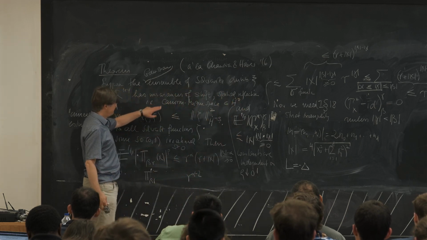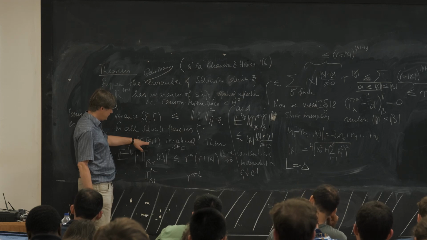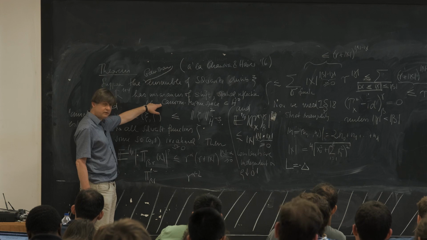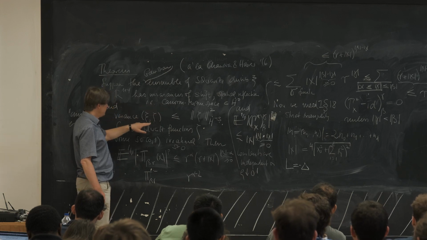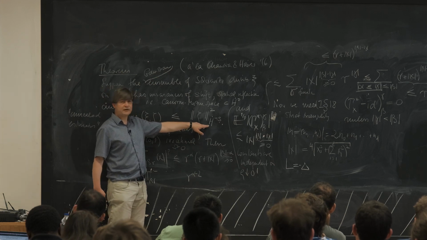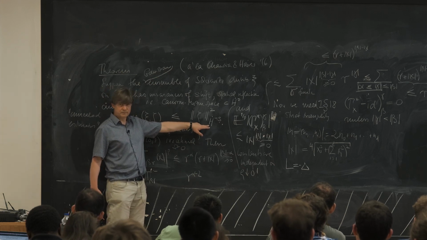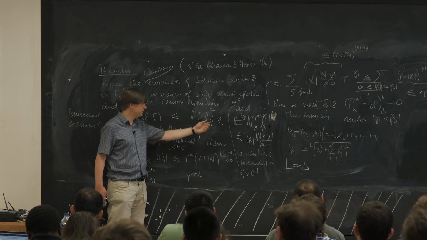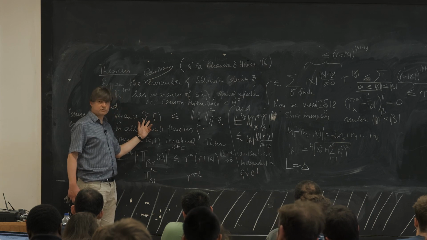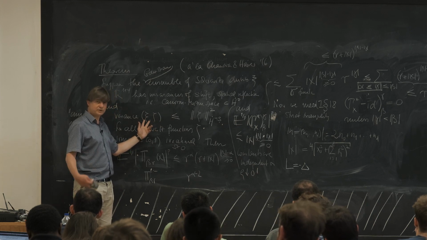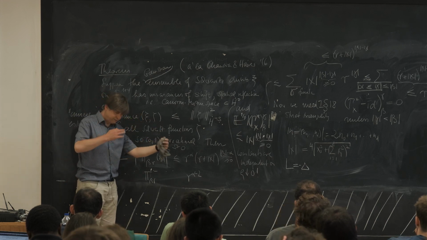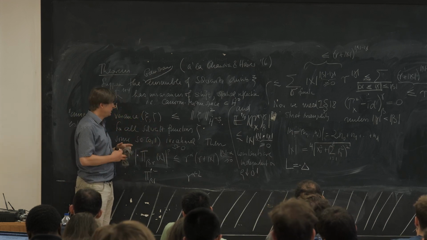If I'm saying that s is strictly larger than 0, I'm saying that my noise on small scales is more regular than white noise, which means I can test it against observables which are slightly more irregular than L2. That's the way you should think about it. If you make this norm weaker, you make the assumption in a certain sense stronger. You put more assumptions on the noise. So one has to be a bit careful with this primal dual.